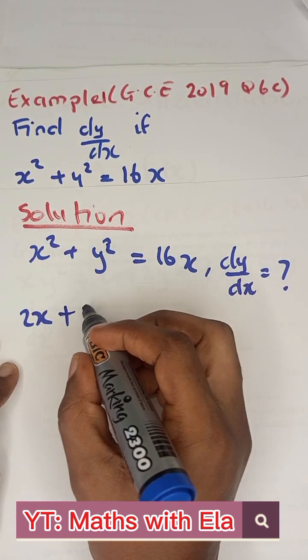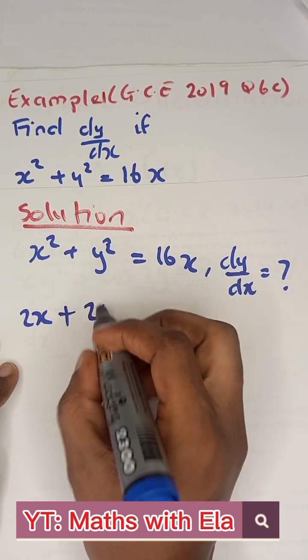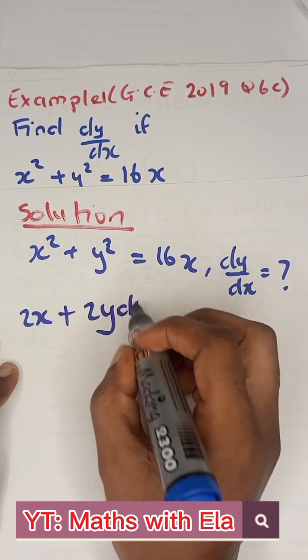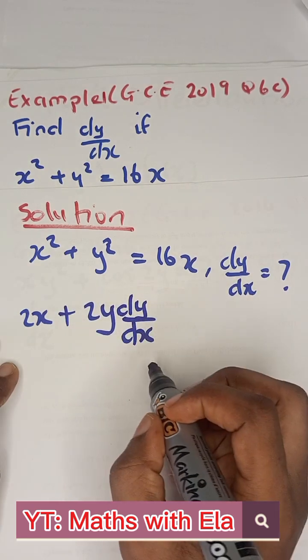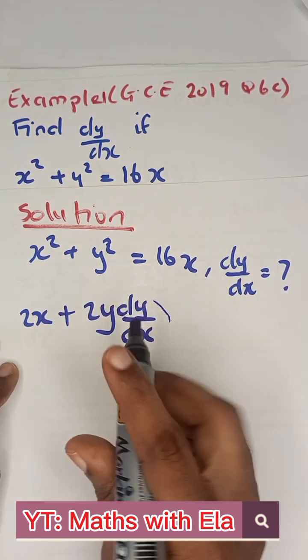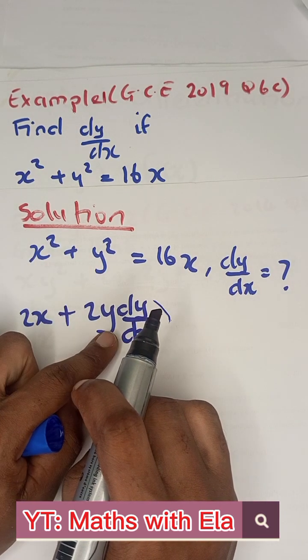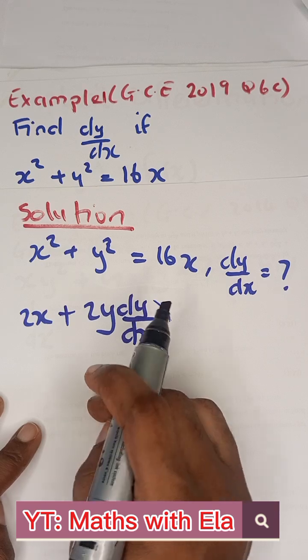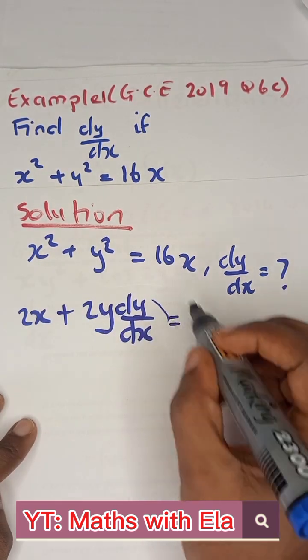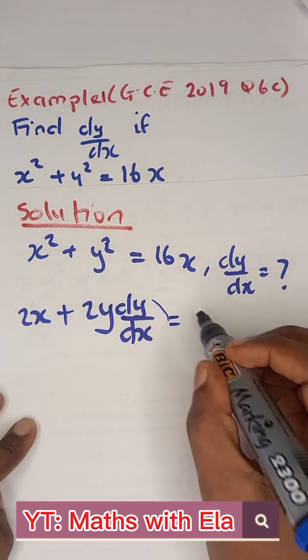We differentiate y normally, so we are going to have 2y, then we attach dy by dx. This is as a result of the chain rule. That is, you differentiate y normally, you have 2y, then attach dy by dx to that term, equal to differentiating 16x with respect to x, we're just going to have 16.